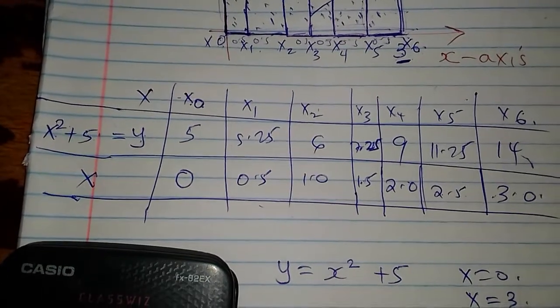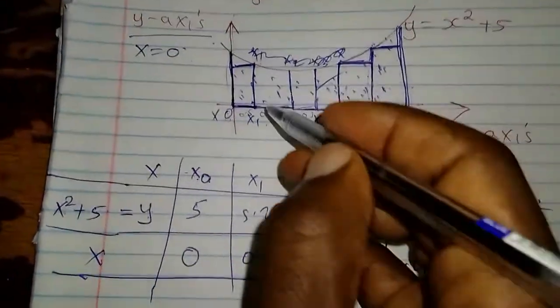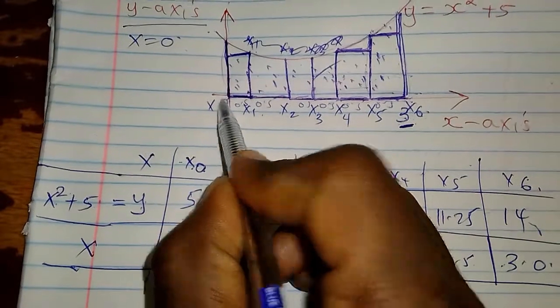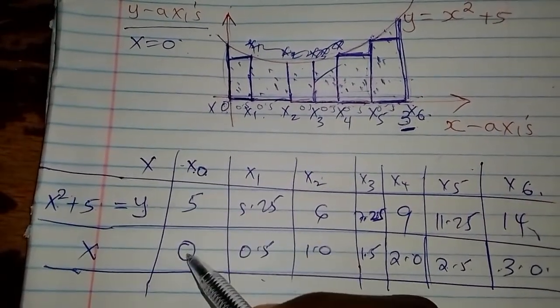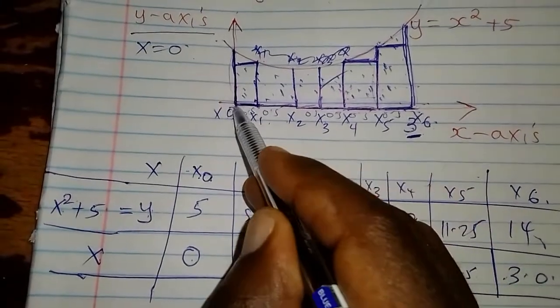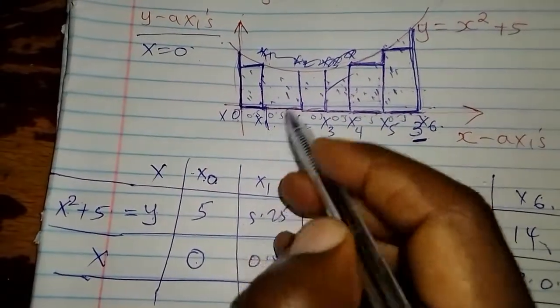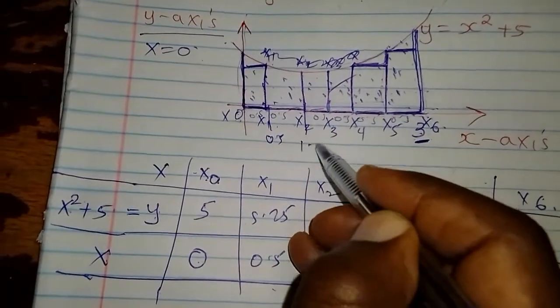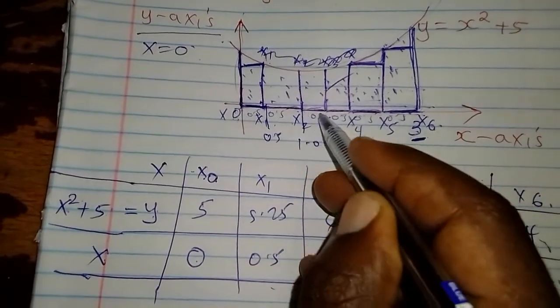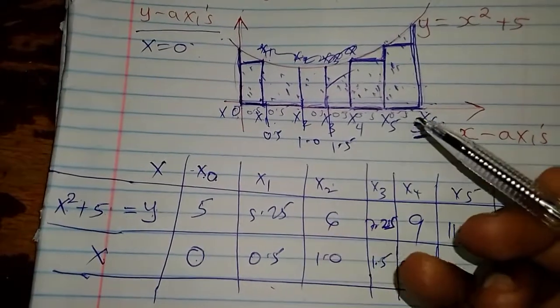Now, when I'm done with that part, if this was 0, as my x0, then x1 here, with a difference of 0.5, will obviously become 0.5. If I add another 0.5, I get this as 1.0. If I add another 0.5, I get 1.5. You see?